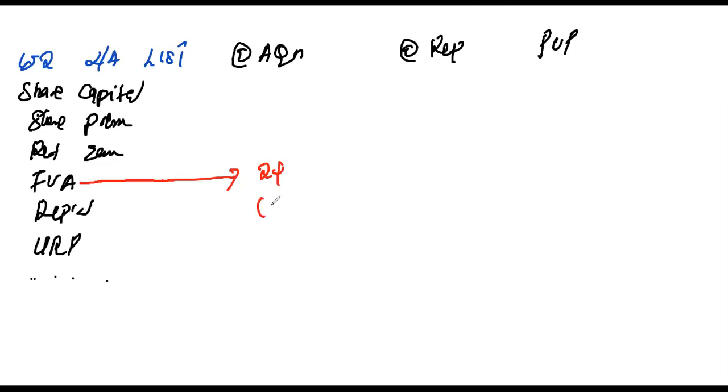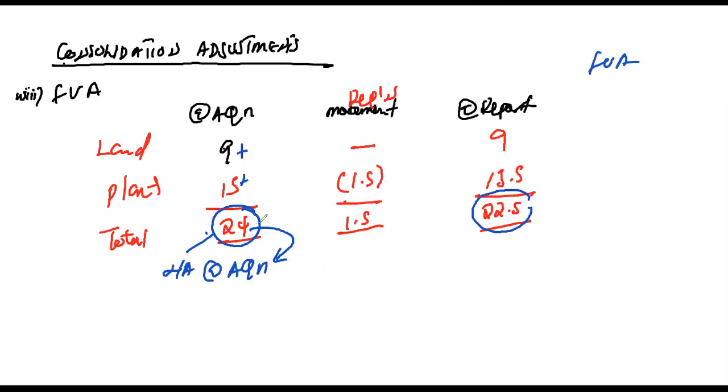Then here, there's no depreciation and no URP. We don't depreciate an item, we're just buying it. Have you seen? Depreciation is going to come where? At report here. That's when we're going to depreciate. Have you seen? Yes. So that's how we got this figure and we took it there directly.